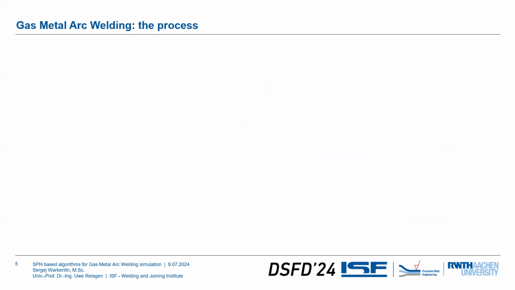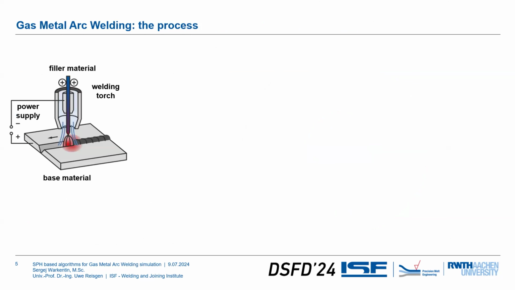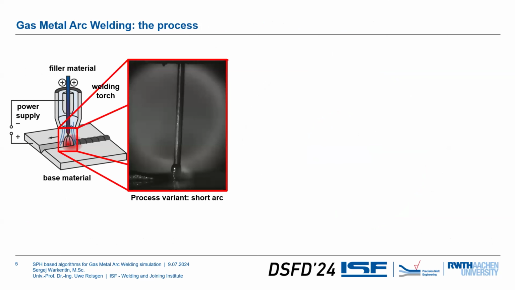And now, a short excursus to the welding process. I will introduce only the gas metal arc welding process. There are numerous other processes, but we will stay with this one. Here is another process variant of gas metal arc welding, called short arc.